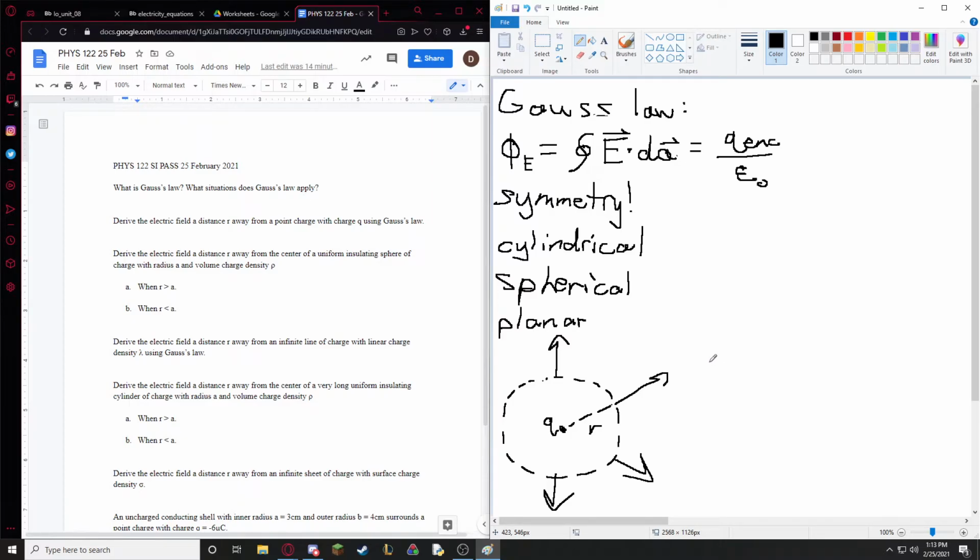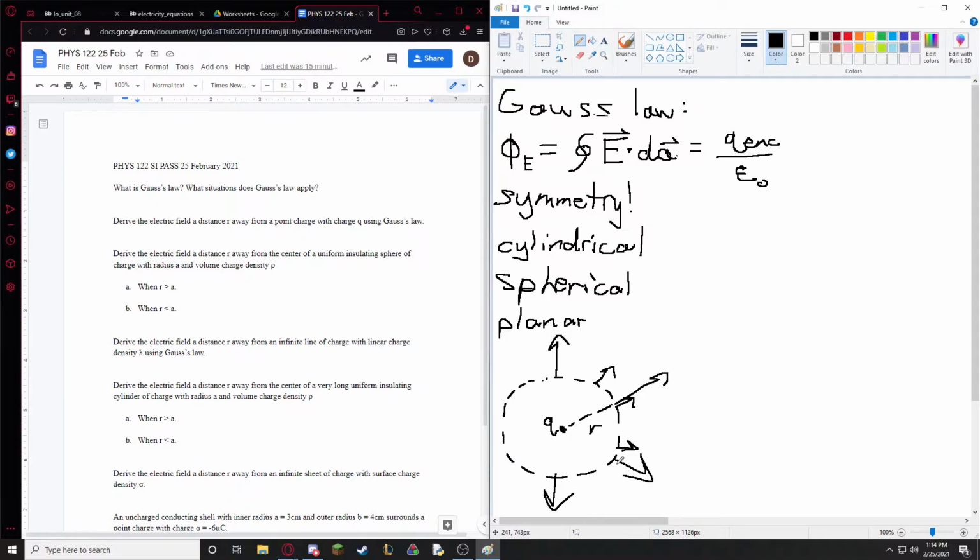So for any surface, the area vector dA is going to be perpendicular to the surface. In this case, for the sphere, perpendicular would be outward. And we also know it has to be outward because outward is positive, inward would be negative. That's just how we've defined it. So our area vector is in the same exact direction as our electric field at every given point.